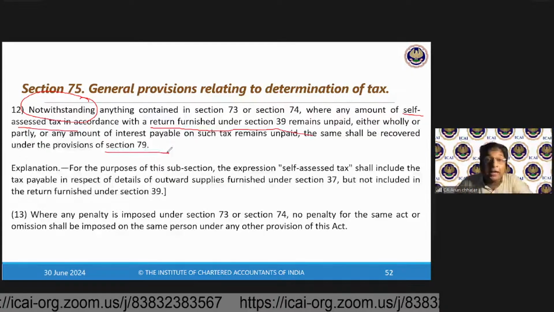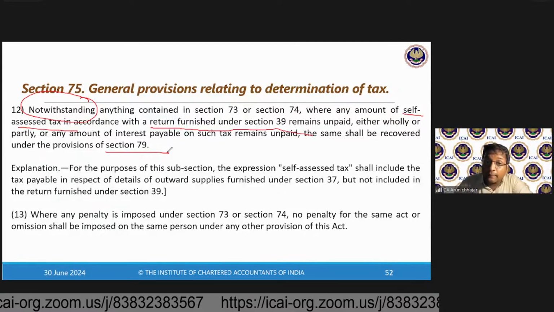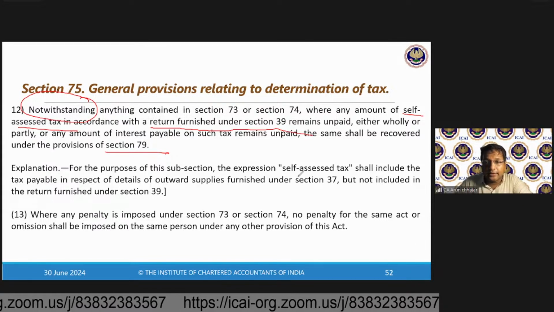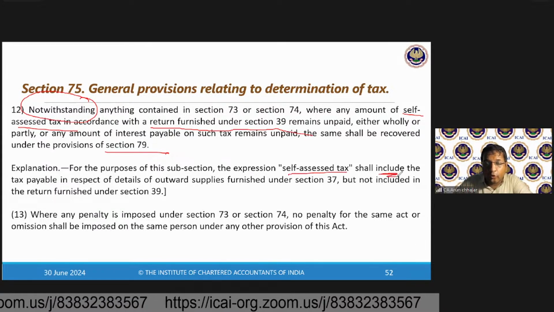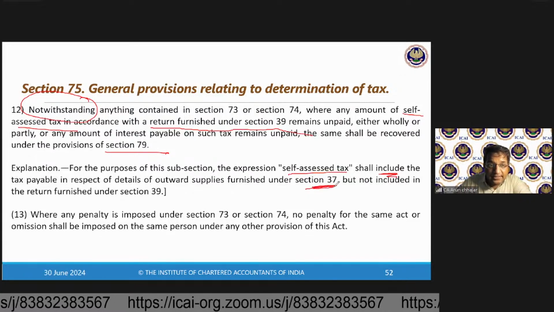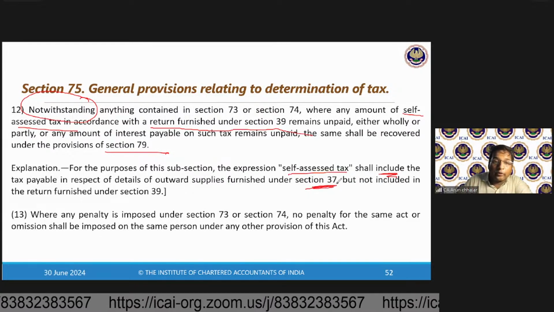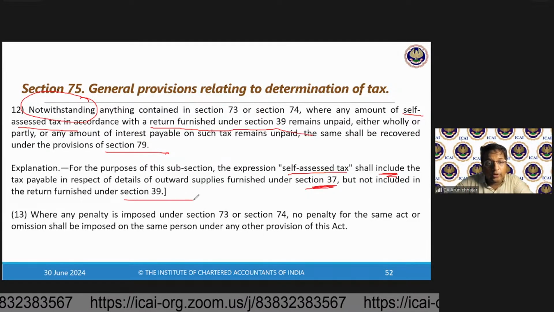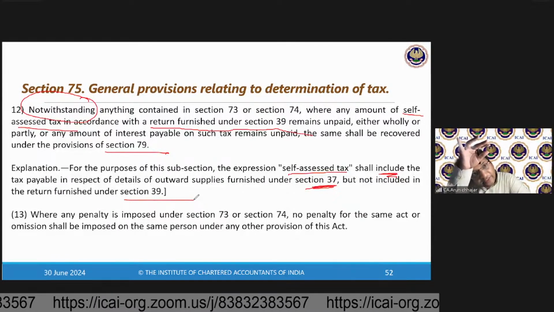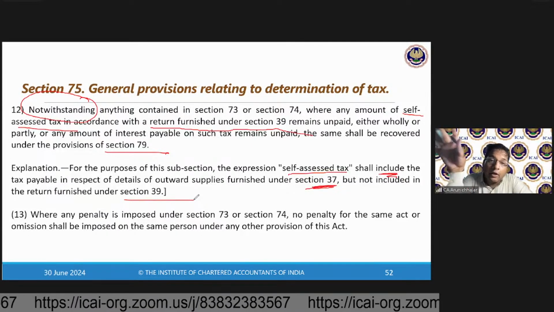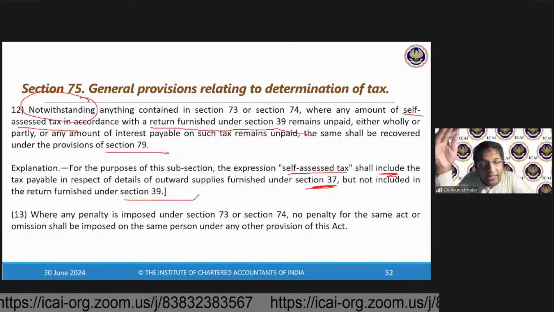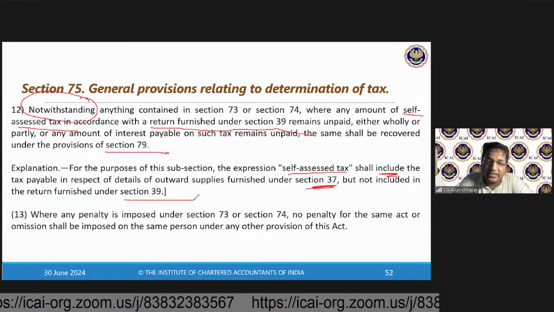There is no time bar or time limit on self-assessed tax. What is the meaning of self-assessed tax? They are saying self-assessed tax shall include the tax which is payable as per GSTR 1 but not reported in GSTR 3B. I can say the difference between GSTR 1 and 3B would be self-assessed tax and can be recovered even after the time limit of 73-74.